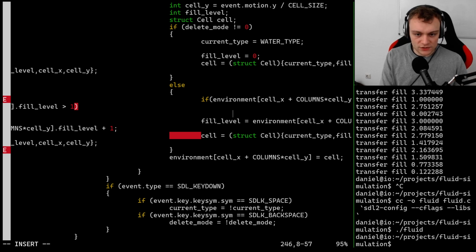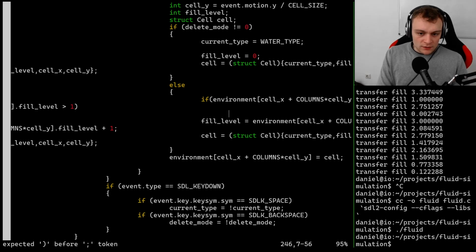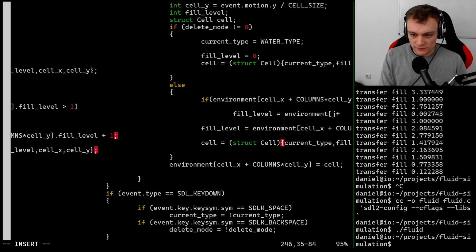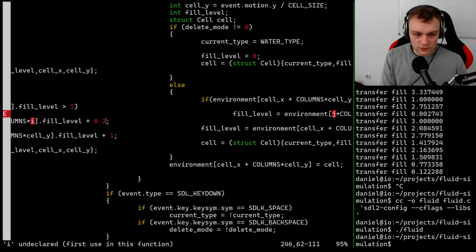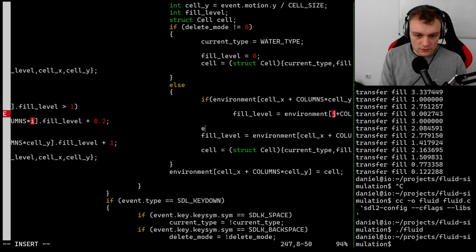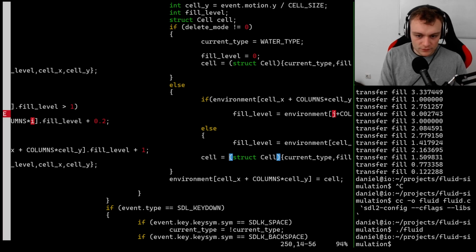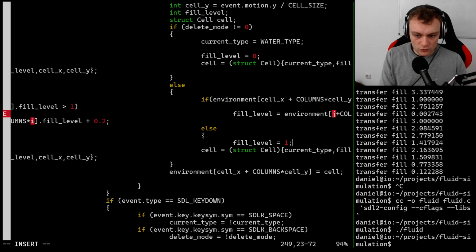Then let's just say the fill level should be the current environment cell's fill level plus, let's say plus 0.2. Else the fill level is going to be one.